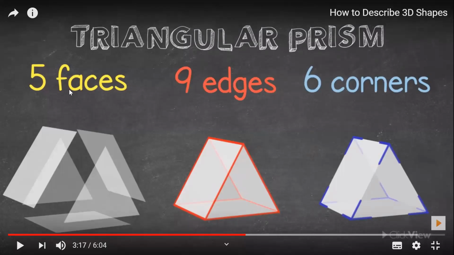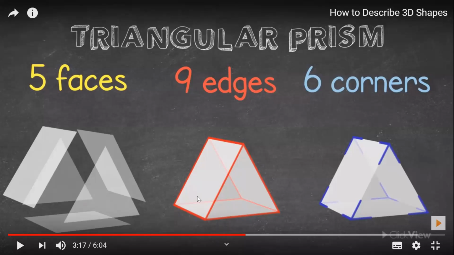How many faces? 5 faces are there in a triangular prism. So let's count together. 1, 2, 3, 4, 5. Let's count the edges. 1, 2, 3, 4, 5, 6, 7, 8, and 9.